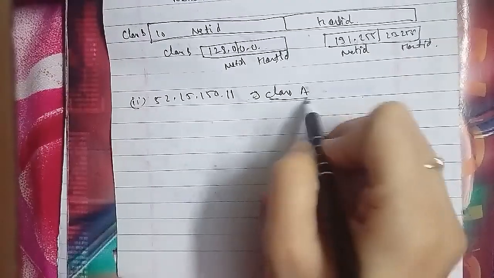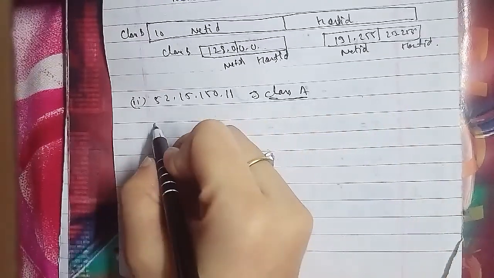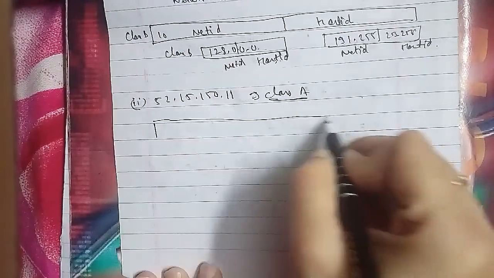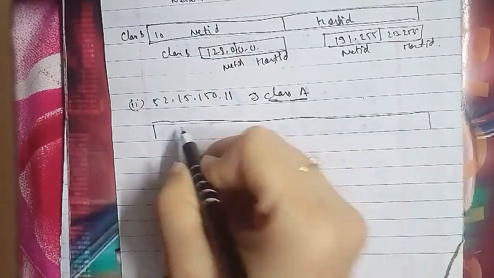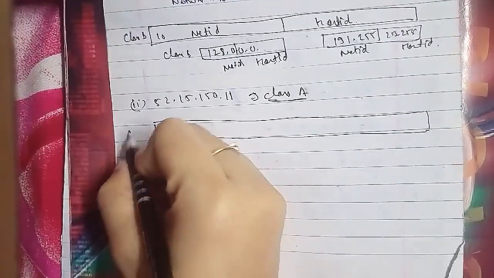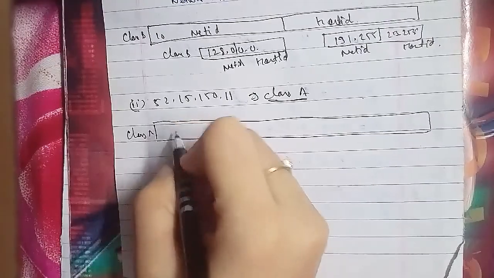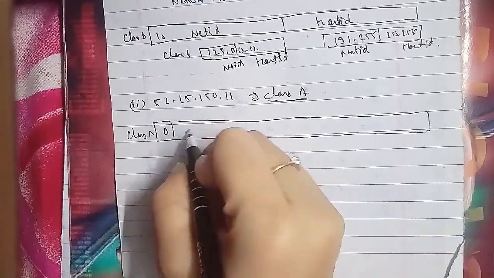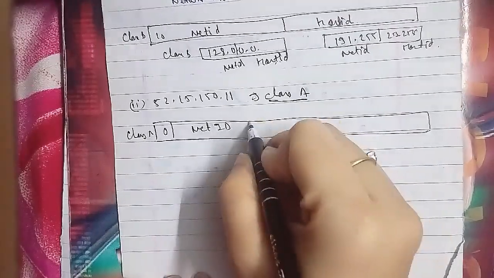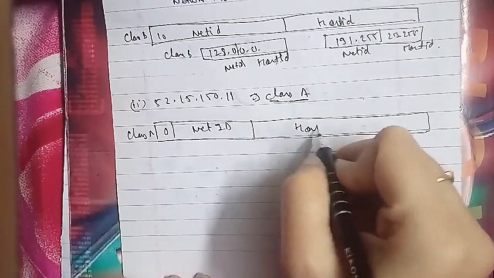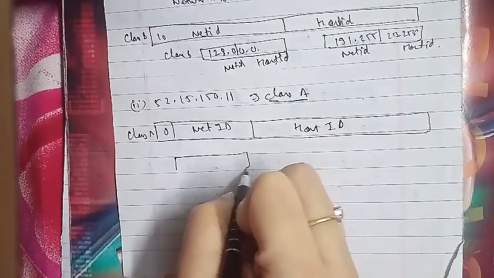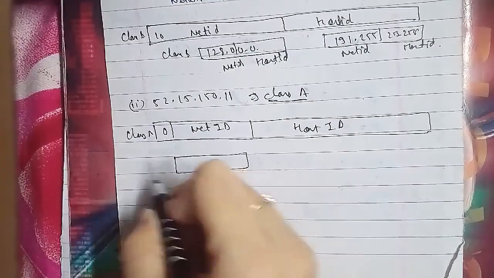In the same case, this is class A: 0.0.0.0. This 0 is your network ID, that is net ID, and the remaining part is your host ID. And for the other end we have 127.255.255.255.